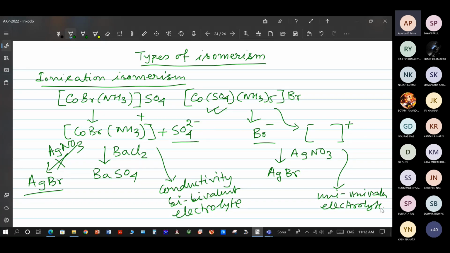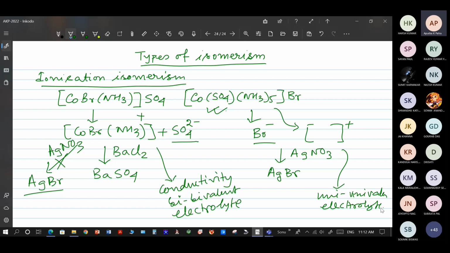Sir, why is it univalent electrolyte, and how is it differentiated? Univalent electrolyte means conductivity measurement. It depends on which solvent you are measuring the conductivity in, and there is a range of conductivity. For the univalent electrolyte, the conductivity will be less than the bivalent electrolyte.